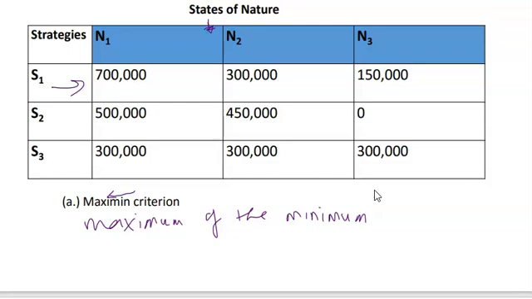That is why the arrow is indicating backward. After getting the minimum values, then get the maximum value of all these minimums. Remember, going by strategy, our strategies are facing row X1, row X2, row X3, going this way. We need to first get the minimum.